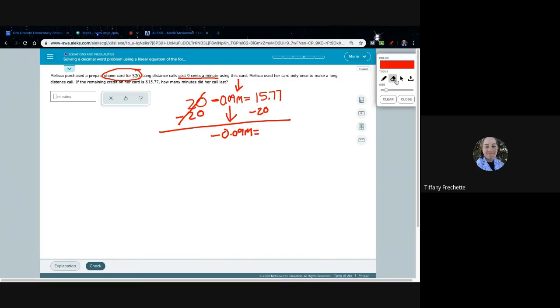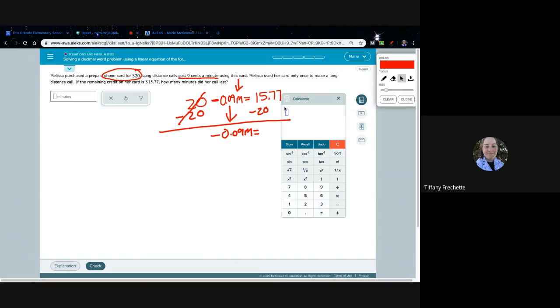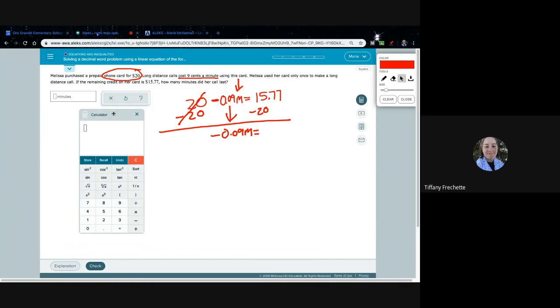And then I'm going to grab my calculator here. Just so I don't have to flip it around in my head, I have 15.77 minus 20. And I get negative 4.23. So make sure you throw the negative on there.